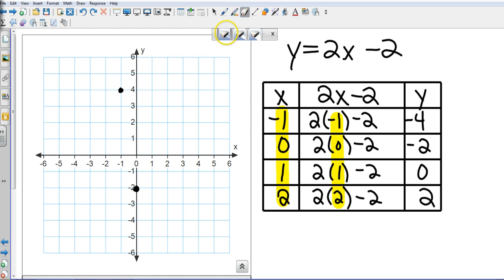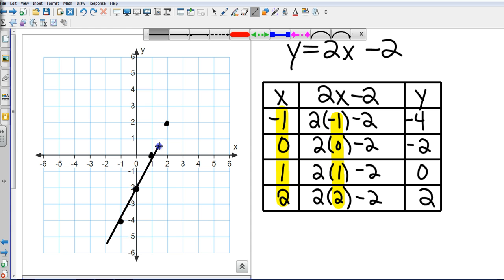So the great thing about mistakes is we can correct them. So that's -1, -4. There we go. And then I have 1, 0. And then I have 2, 2. So that looks a lot better. So then I'll try to make a good line here.